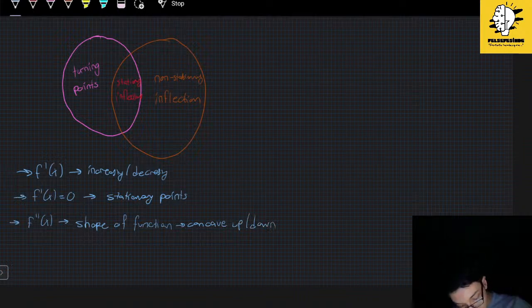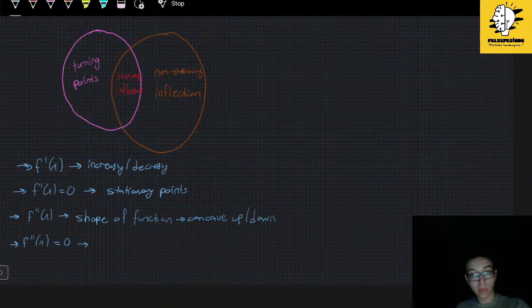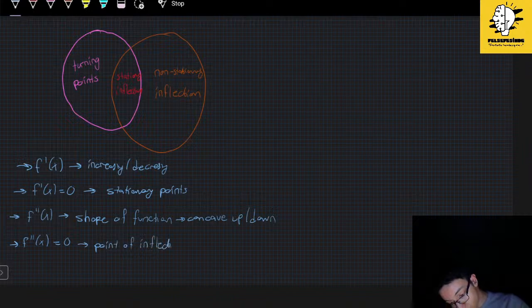Then f second derivative x being equal to 0 tells us what? Point of inflection. This is the point where the sign of f second derivative is changing. Therefore, you may just be asked these questions in the very last part, right? In the very last part.